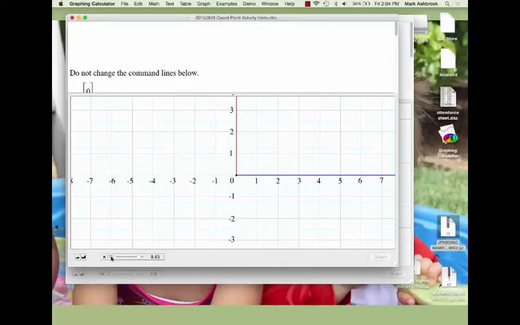So let's review. How does graphing calculator display a graph? So let's talk about this blue line right here. How is it displaying that graph? Or how does it plot that graph?